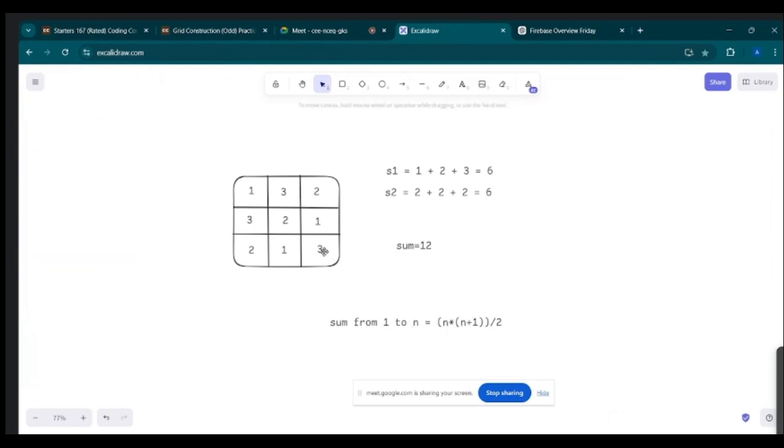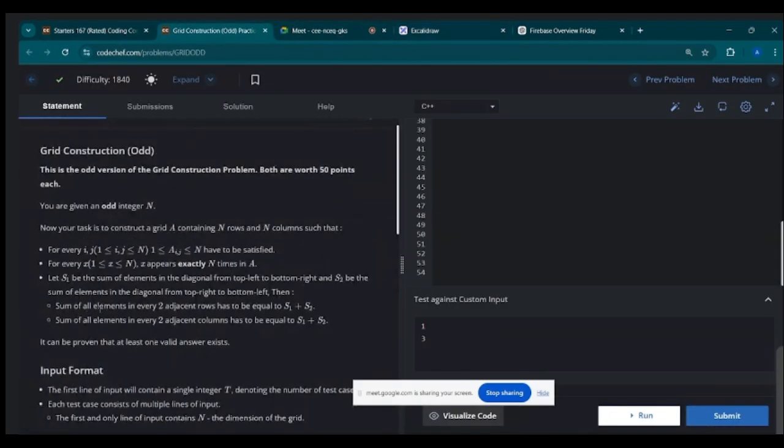The main part is that we have to make the sum of all elements in every two adjacent rows equal to S1 plus S2, and the sum of all elements in every two adjacent columns equal to S1 plus S2.